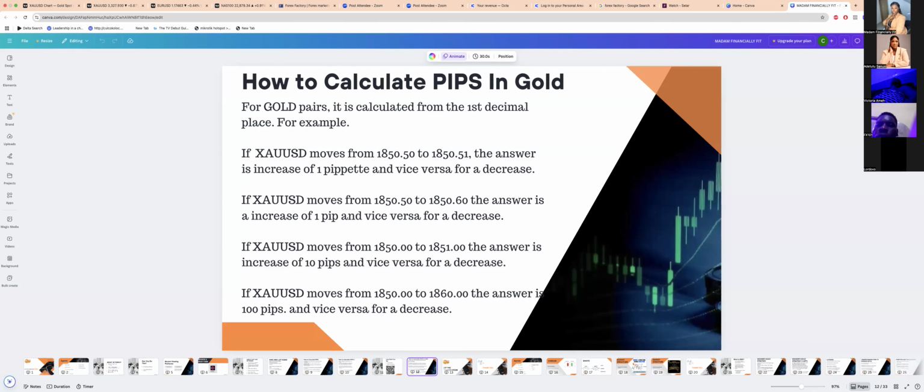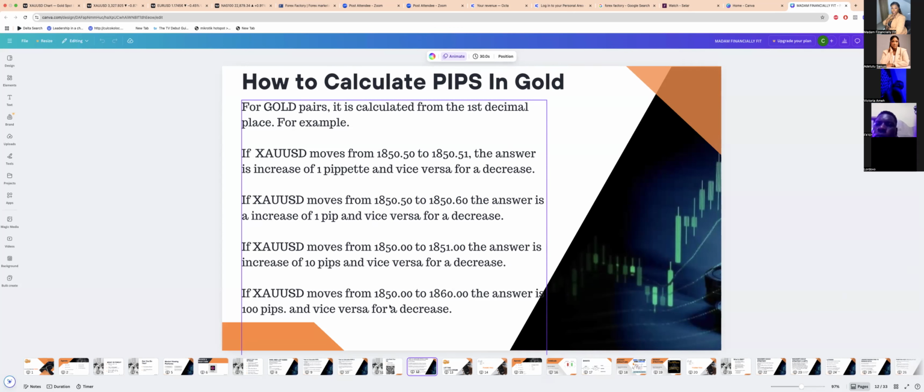I'm trying to find the simplest way for you to calculate this. Let's just imagine we remove the point, it's a 0, and calculate the difference between the number before the decimal point and the number after. Are we good, guys? I'm just trying to find a simple way for you because you're newbies.